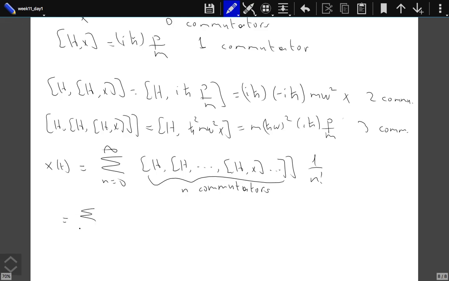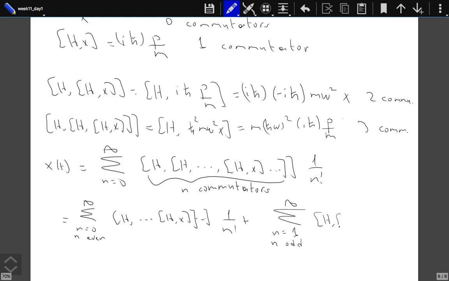So this will be the sum over n equals 0 to infinity, n even, times 1 over n factorial, plus the sum over n from 1 to infinity, but only the odd n, times 1 over n factorial.